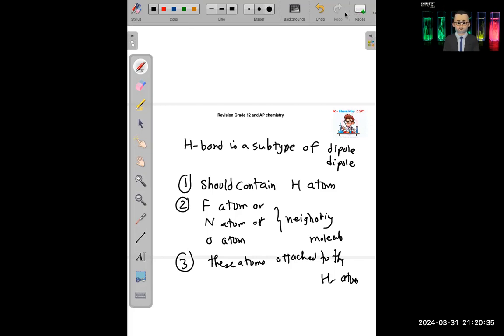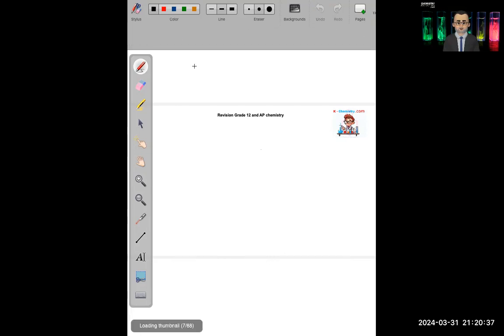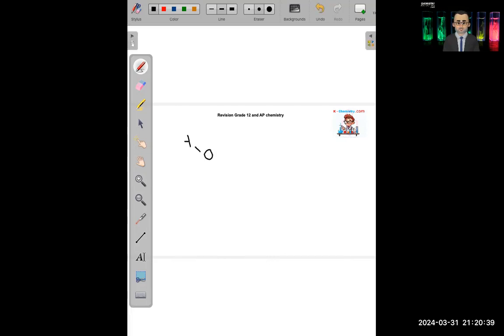And I will show the partially positive, for example, water is a type of dipole which has oxygen as a partially negative structure and hydrogen as a partially positive structure, and this will be repeated here. Just copy it and paste it.